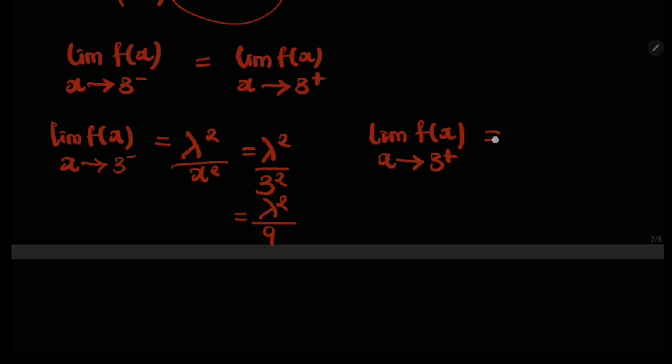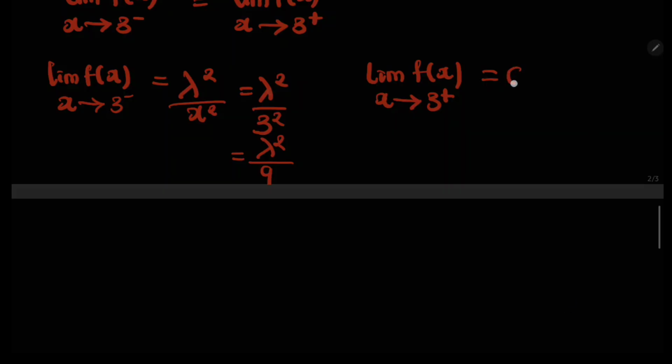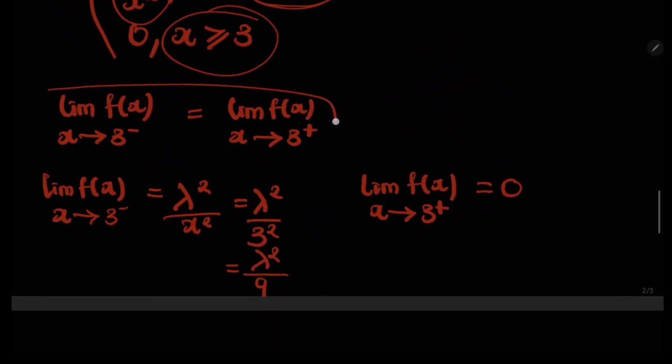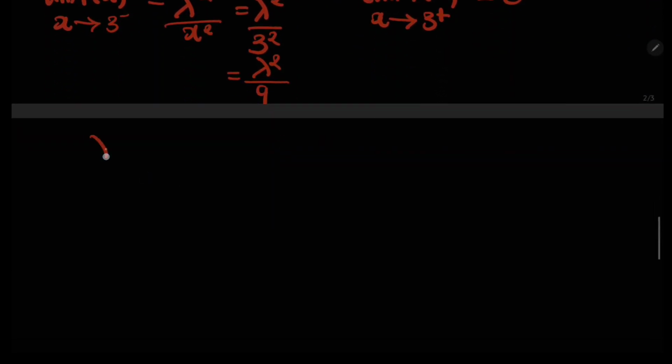So we are going to have simply 0. Now from the formula, we need to equate them. So we would have lambda squared on 9 equal to 0.